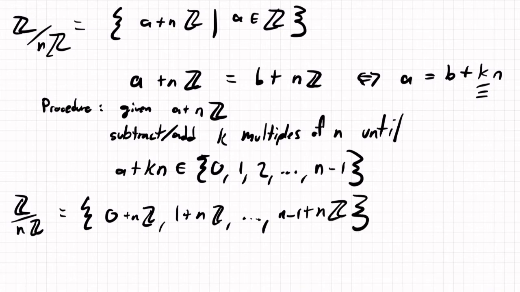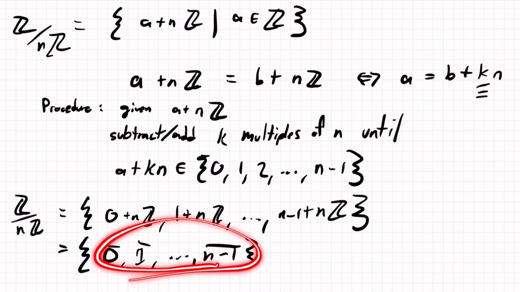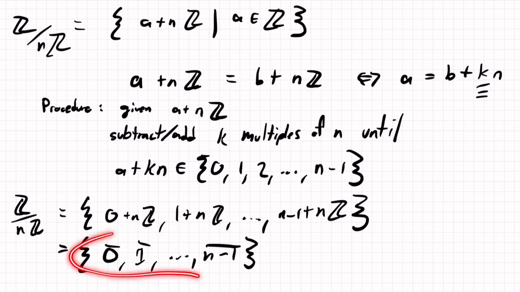What people do in practice is, rather than writing plus nZ out, we write 0 bar, 1 bar, up to n minus 1 bar. That bar denotes that this is a coset. And this is what's called modular arithmetic.